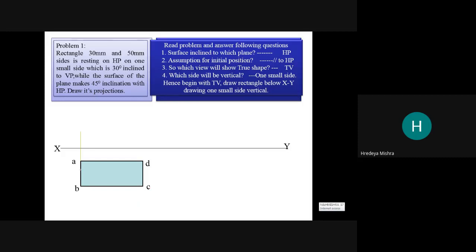Now we draw the projection from AB and CD like this. This is the projection. Now this is our top view and this is our front view. Okay, now we can say that the surface is parallel to the HP, meaning parallel to the horizontal plane. The first case here.